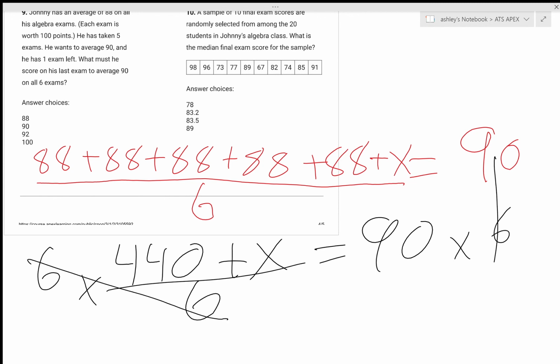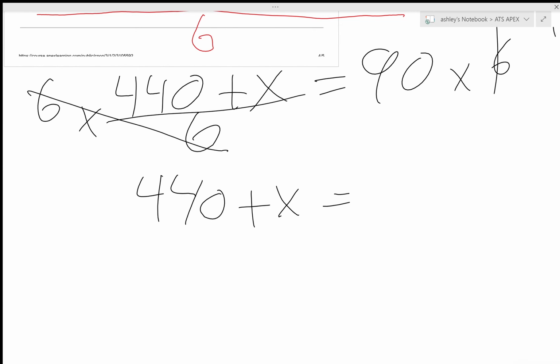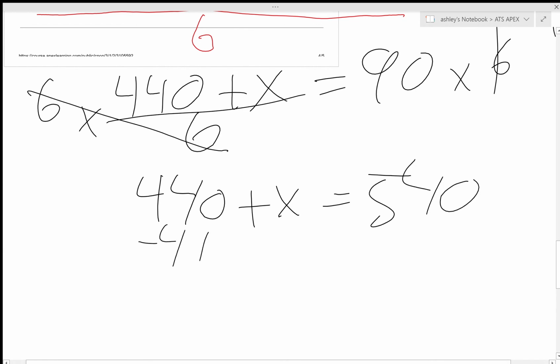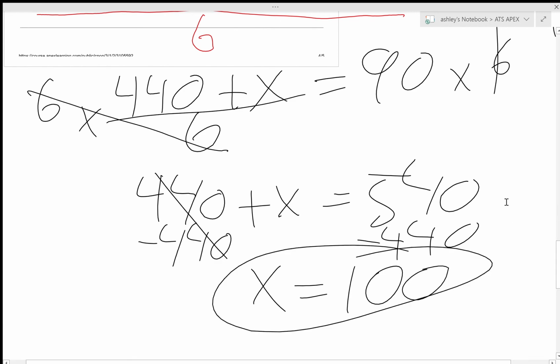So I get 440 plus X equals 540. Go ahead and subtract out. X would equal 100. So he has to get a perfect 100 in order to get his 90% in the class.